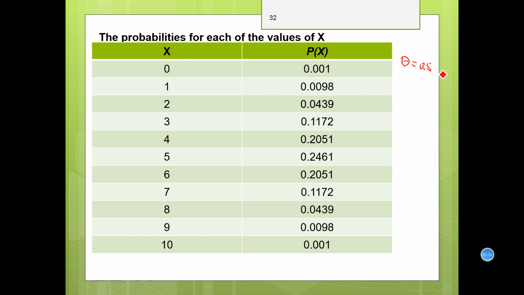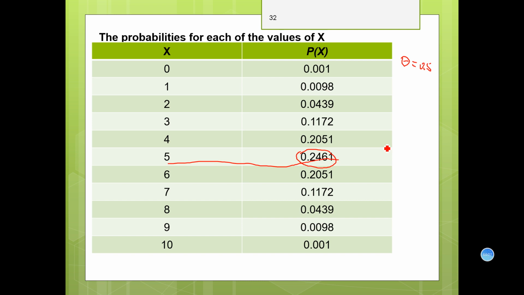That means we assume the coin is fair, and then we can find that this number is the biggest probability. That is when x equals 5, but it's based on sigma equals 0.5. So that means if the coin is fair, then 5 heads is the most likely result.